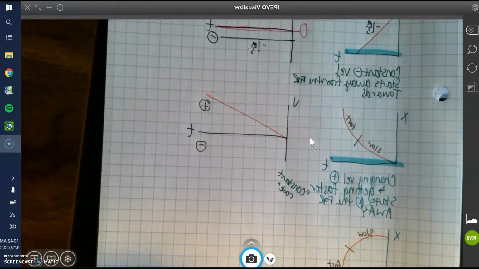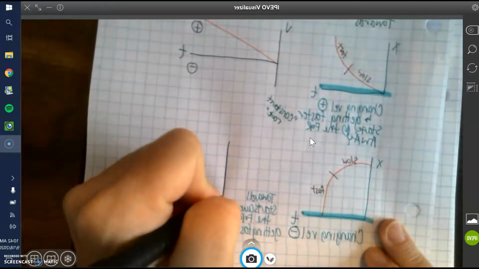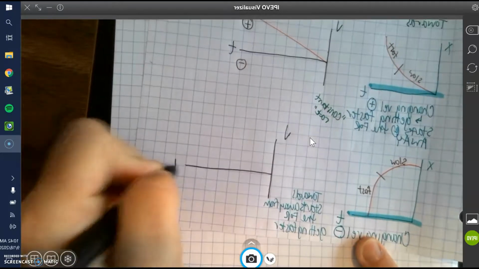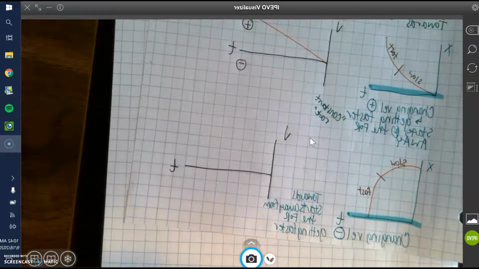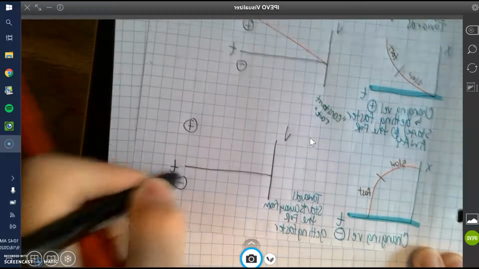Let's take a look at the last graph here. Here's my velocity time. Here's a tricky one. This is my positive quadrant. This is my negative quadrant.